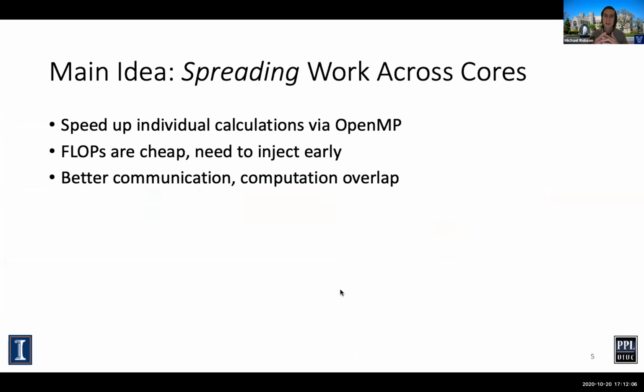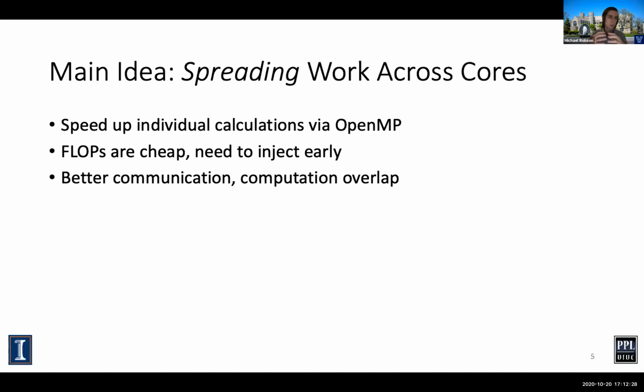The idea of spreading is that flops are really cheap. We have these very powerful nodes with tons of cores. They can do complex calculations very fast, but we need to, in the Charm++ vein, inject communication as early and often as possible. The network is going to be our most constrained resource, and we want to use it wisely.